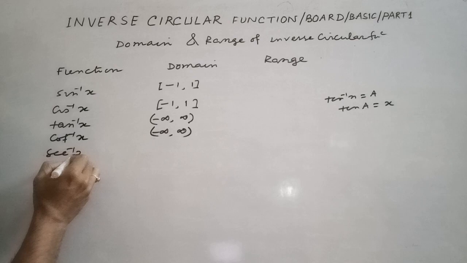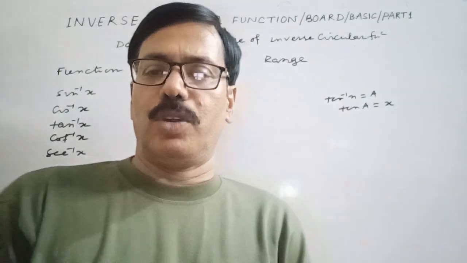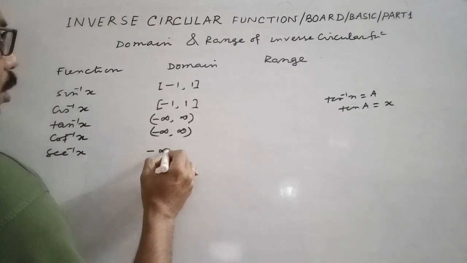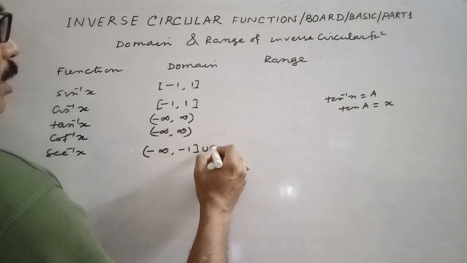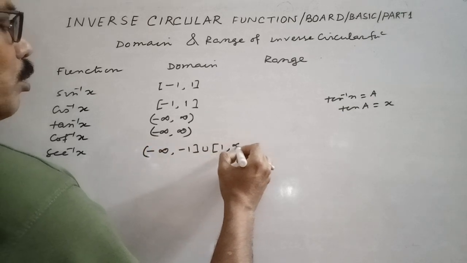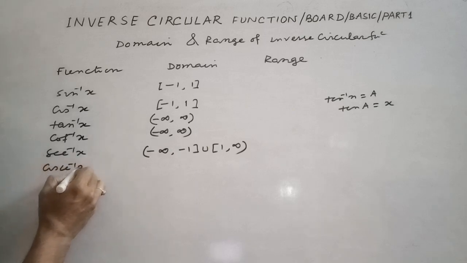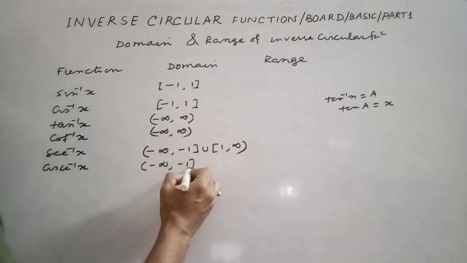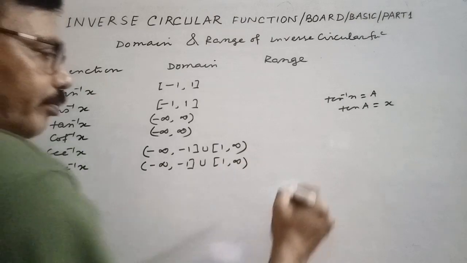For sec inverse x, the value of sec does not lie between minus 1 and plus 1, so you can write the domain in this form: minus infinity to minus 1, union 1 to infinity. Cosec inverse x is the same: minus infinity to minus 1 union 1 comma infinity.